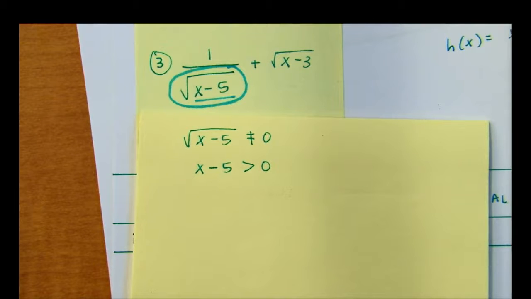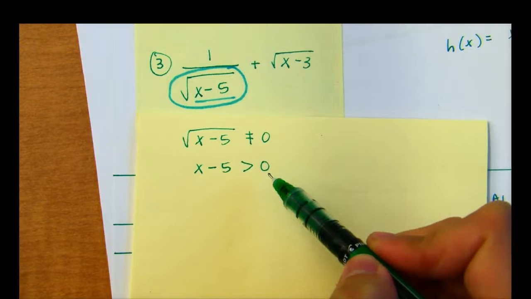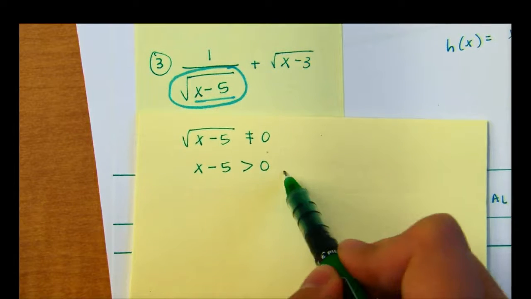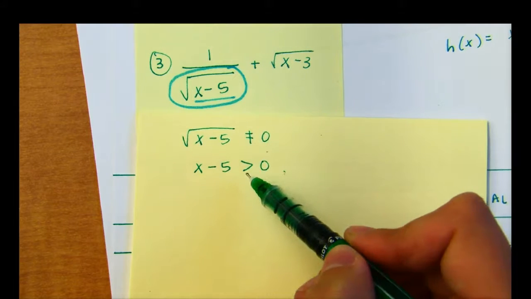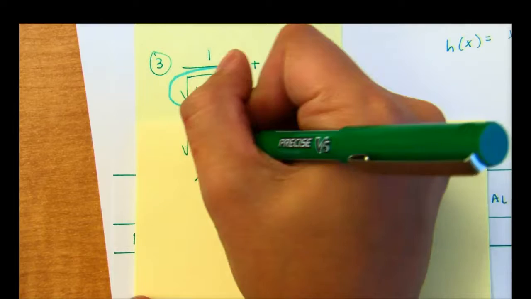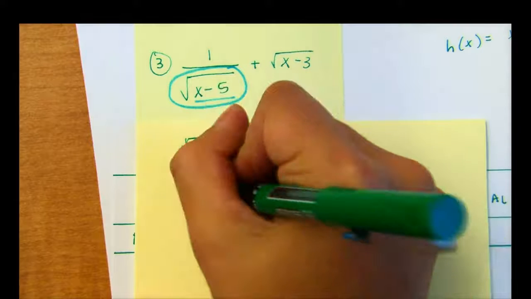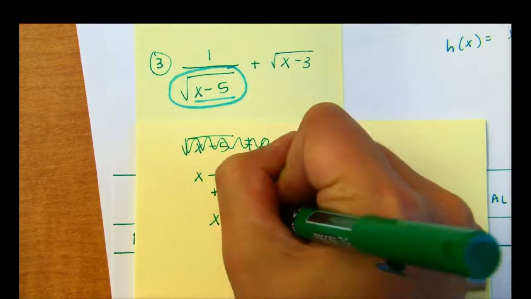So x minus 5 cannot equal 0, but it has to be positive, so it has to be greater than 0. So this tells me a little bit more about the function. It uses the cannot equal 0, and it tells me greater than 0. So I'm only going to solve this second inequality. I'm going to add 5 to both sides. So x has to be greater than 5.